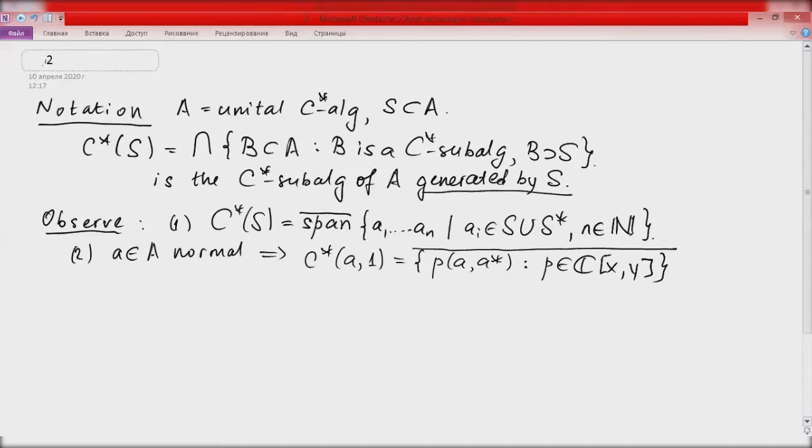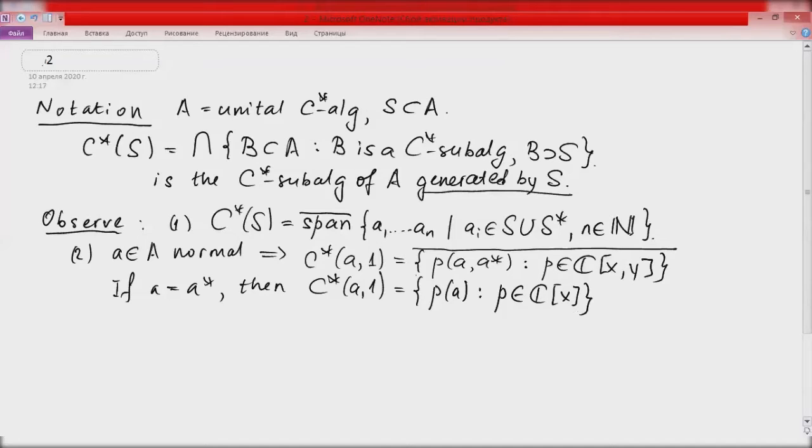And even a more special case, in particular, if a is self-adjoint, then the C-star subalgebra generated by a and the identity is the closure of all polynomials P of a, where P runs over the algebra of polynomials in one variable.